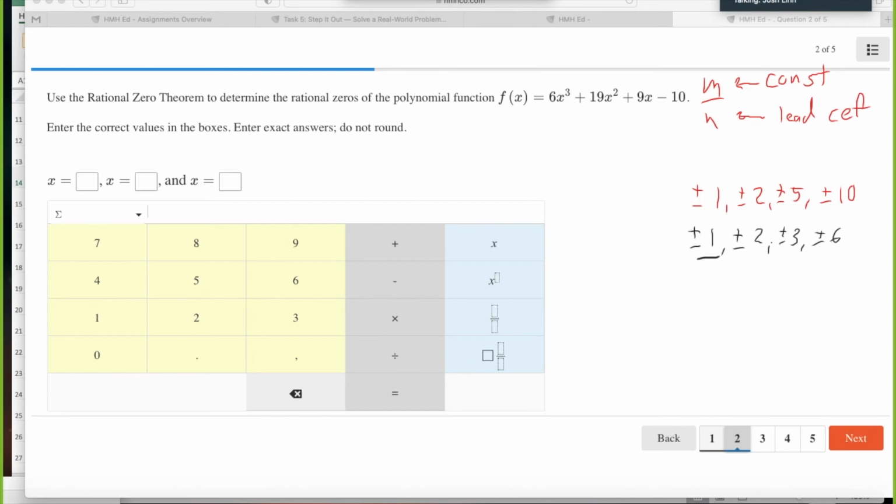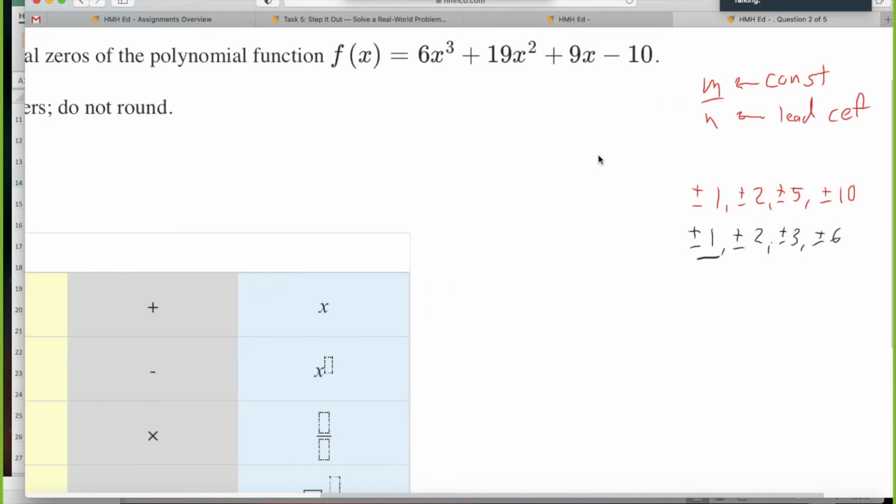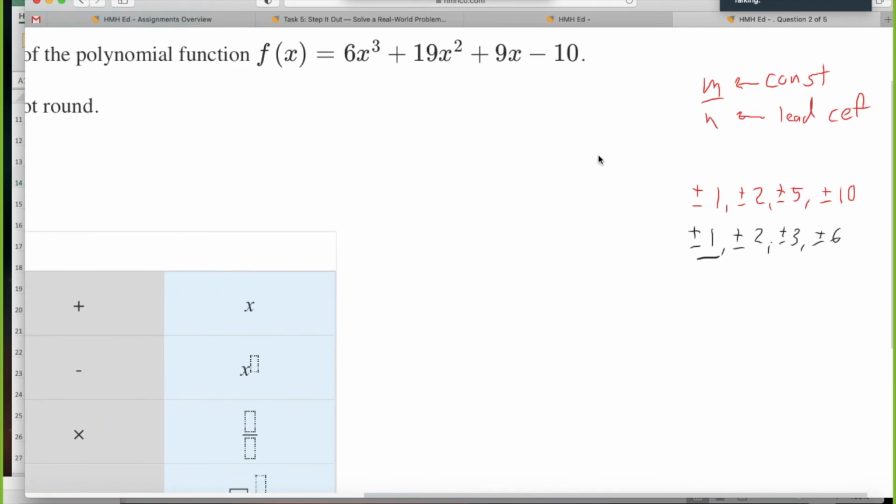So we're going to set up our chart with our coefficients. I didn't plan this out very well with my white space. So we've got 6, 19, 9, negative 10. Man, they're hitting you with a doozy off the top here. I'm just going to grab my calculator because I'm not doing those 19s.